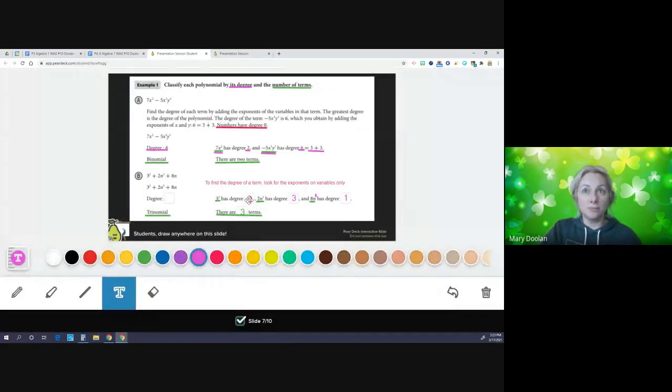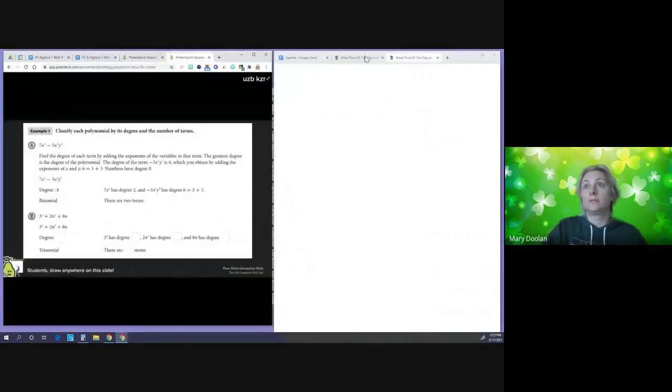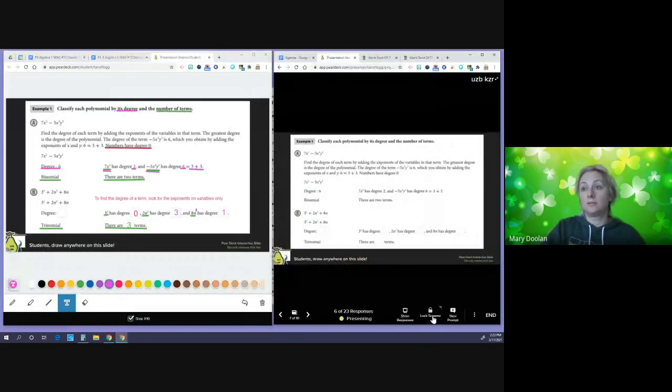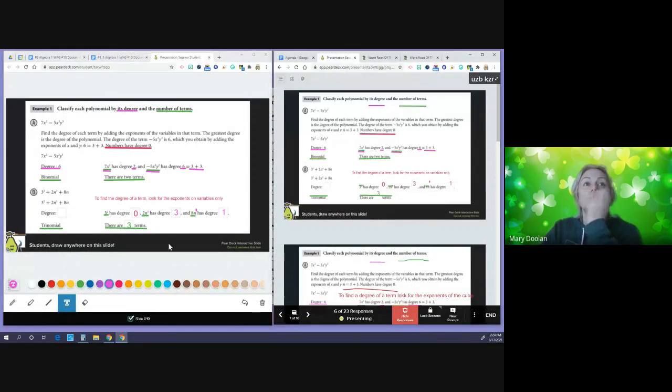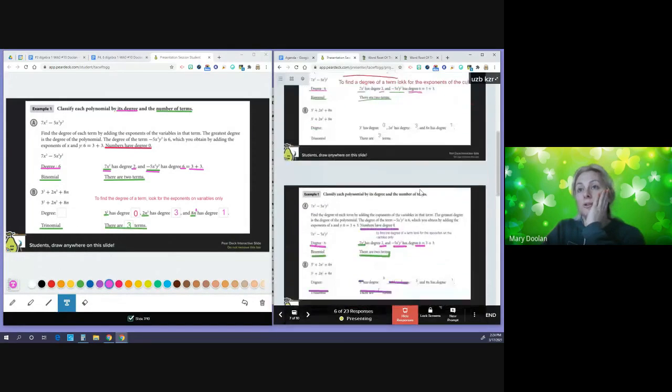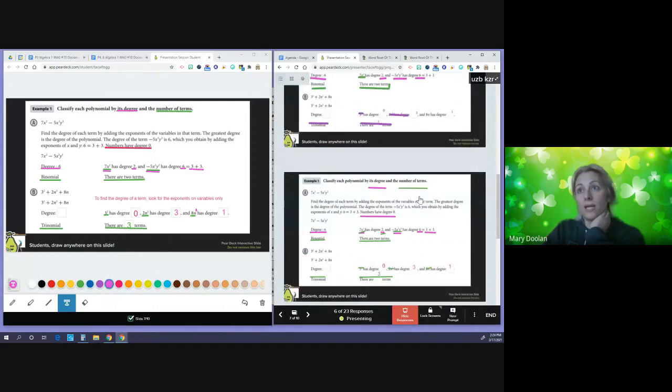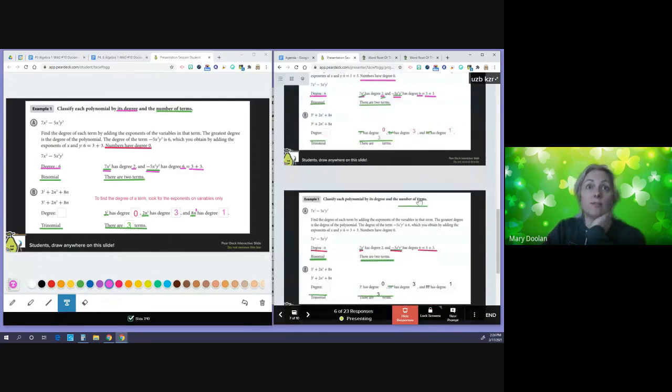We found 0 for the first term, 3 for the second term, and 1 for the last one. What is the greatest number of 0, 3, and 1? What number should I put here in this degree box? What's the degree of that polynomial? It's the greatest number I found of 0, 3, and 1.